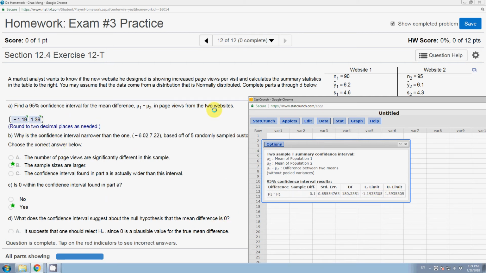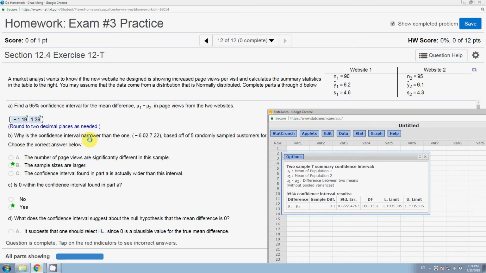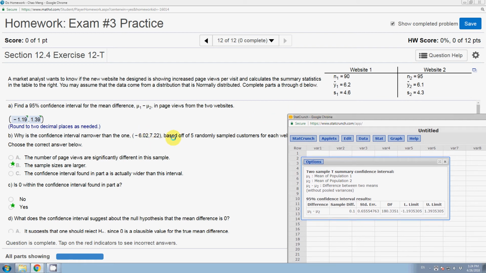And part B: why is the confidence interval narrower than the other confidence interval we are given? That interval is wider than the one we calculated. This new one is based on 5 randomly sampled, and the reason is that the sample sizes are larger. We know the confidence interval is equal to the estimate plus or minus the margin of error, and the margin of error is equal to the critical value times the standard error, and the standard error depends on the sample size.